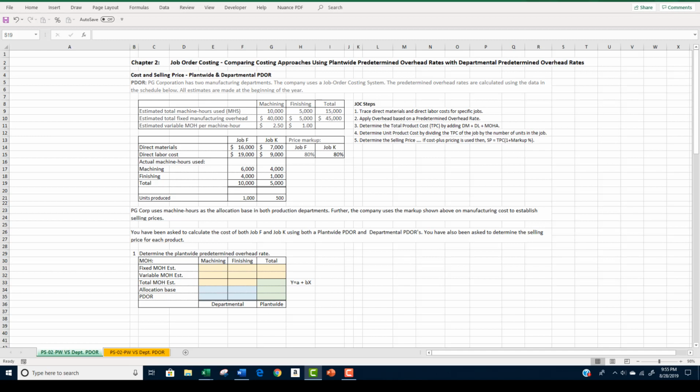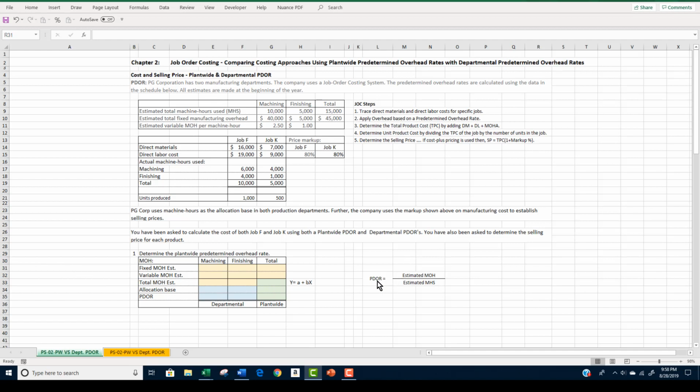The key concepts here are plant-wide predetermined overhead rate, departmental predetermined overhead rate, manufacturing overhead applied, total product cost, product unit cost, and markup pricing. I will use PDOR when mentioning the predetermined overhead rate, and I'll use MOH when discussing manufacturing overhead to save time. Let's start by determining the predetermined overhead rate.